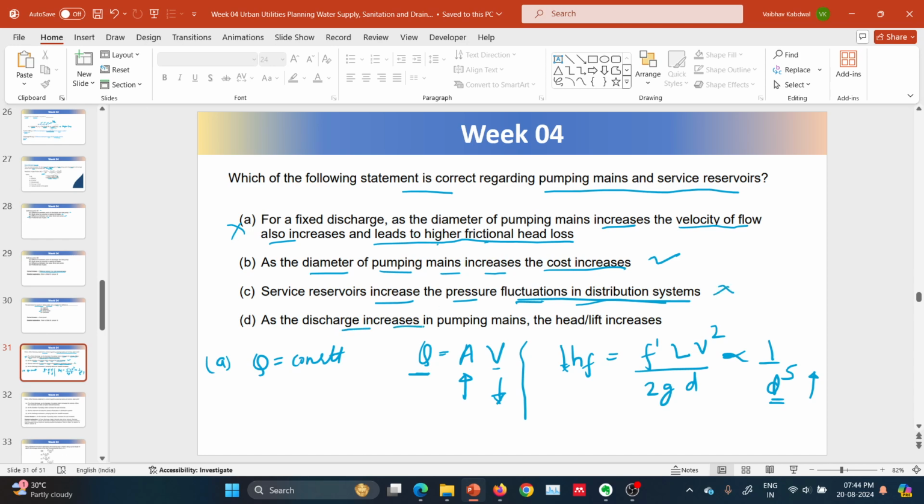As the discharge increases in the pumping mains, the head lift increases? No, the head is something and discharge is something.